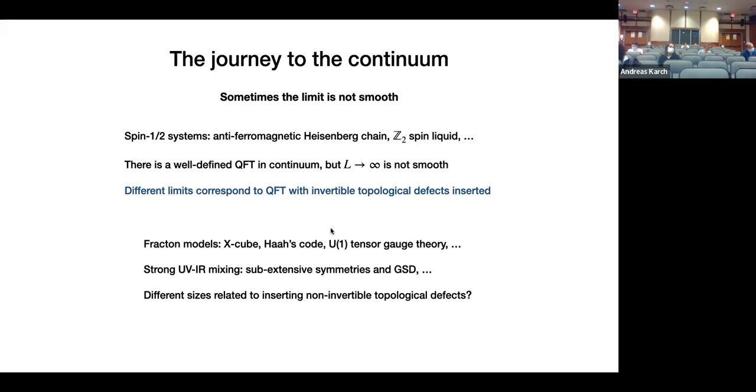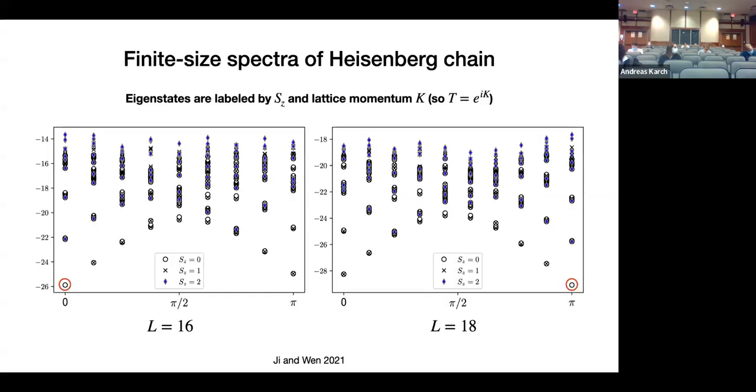We see that in sub-extensive symmetries and ground state degeneracies in almost all fractal models. I'm not sure that the next sentence really means anything, but it almost feels like different sizes are related to inserting non-invertible defects. I'll just put it there. So I won't talk about fractal models. I'll just talk about these milder non-smooth limits.